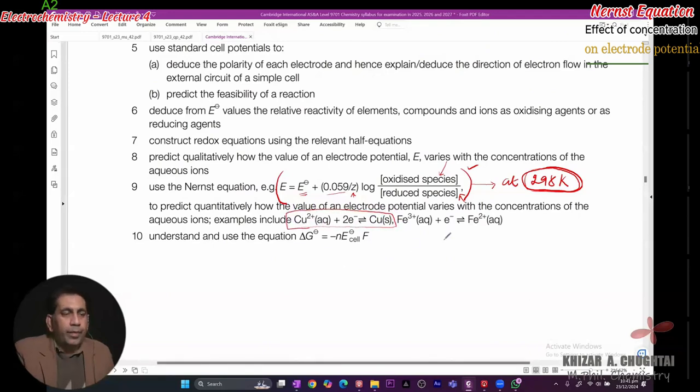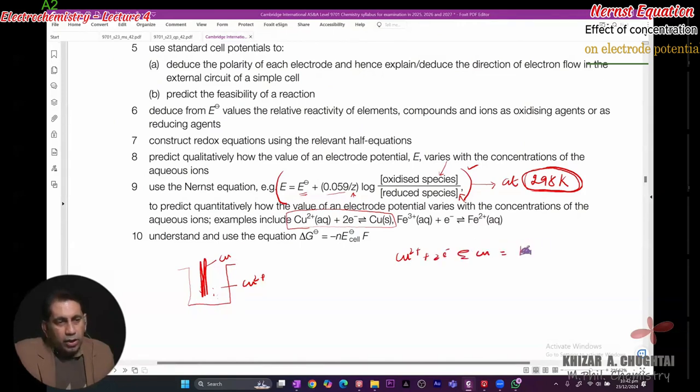What is the potential of this half cell? If the half cell is having Cu2 positive ion and a Cu rod, copper rod into it, this is called one half cell, and its equation is over here. I am going to write its equation once again, and its E naught, the standard potential, is plus 0.34 volt.